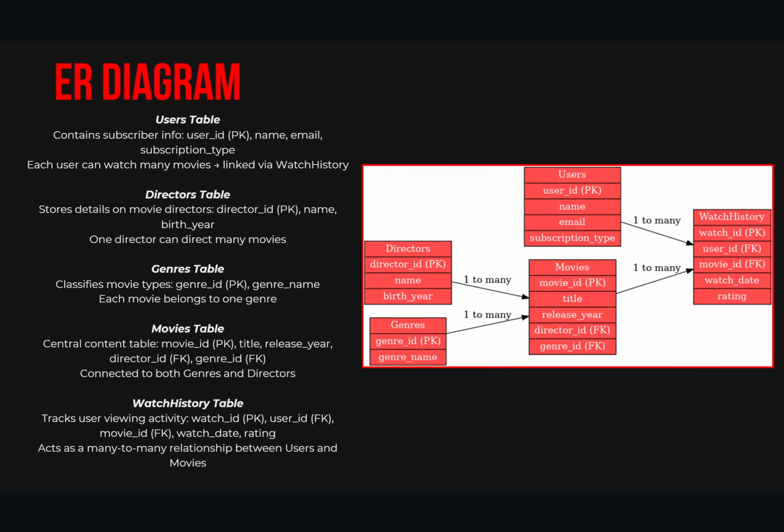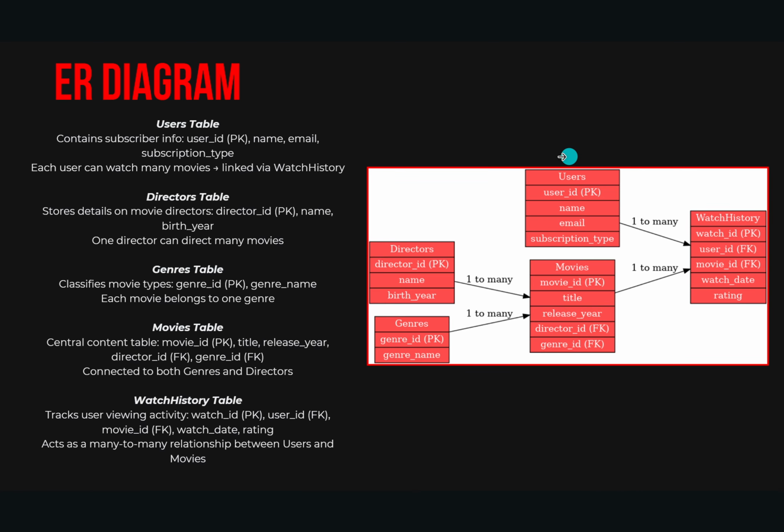Starting off with the ER diagram, here's my ER diagram, and here's a quick breakdown of the design. Users store info like ID, name, email, and subscription type. Directors hold the name and birth year of each movie director I have provided. Genres lists genres like sci-fi, comedy, drama, etc. Each movie has a title, year, and is linked to a director.